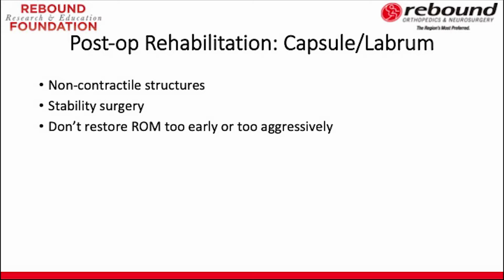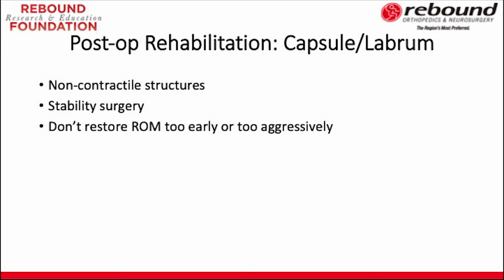It needs to be good enough to be functional and to at least start to do some sports. But if what's normal for them on their other side is maybe 120 degrees of external rotation, I don't particularly want them at 120 degrees of external rotation that early. They'll get there. So just make sure you don't restore their flexibility too quickly.